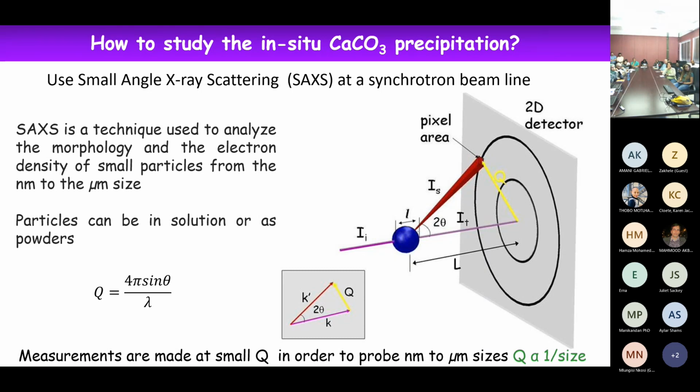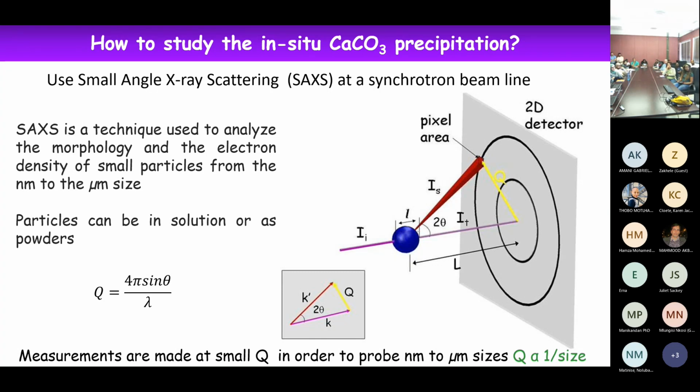So if theta is very small, Q is going to be small. And as Q is related to the inverse of the size, the smaller the Q, the bigger the size of the sample. So if you are looking at very small Q, you can look at big materials.